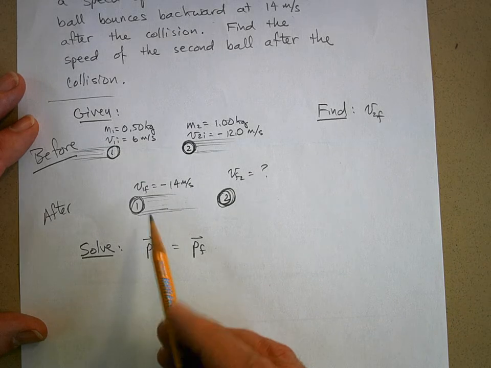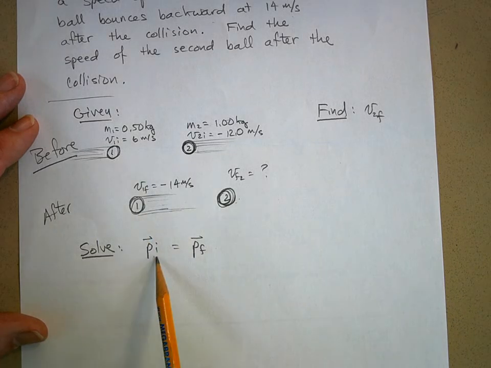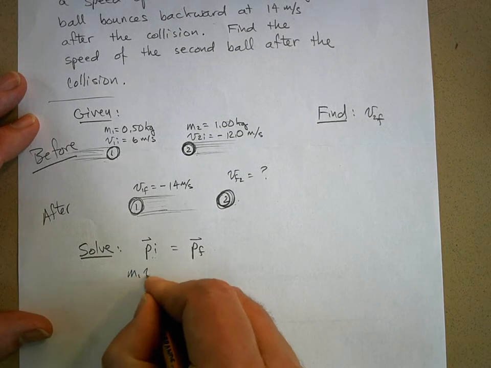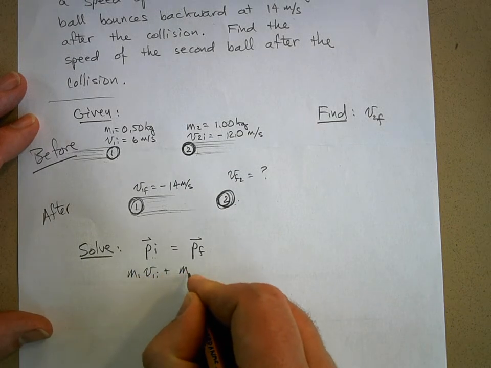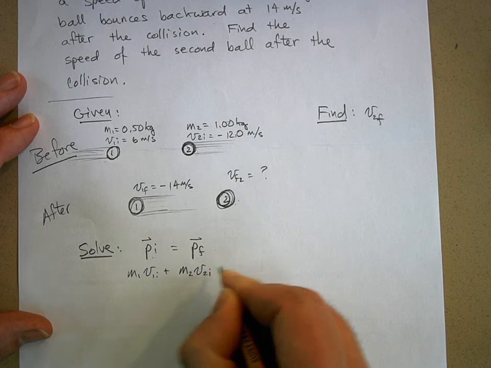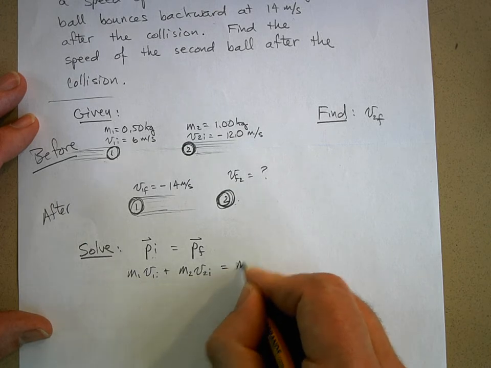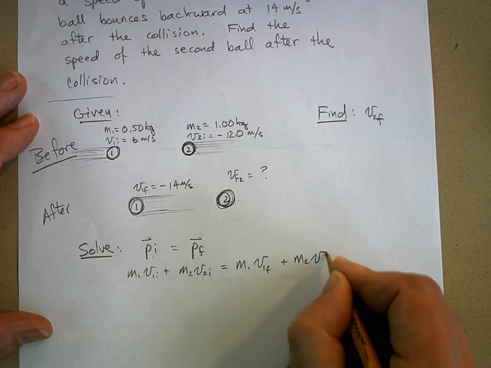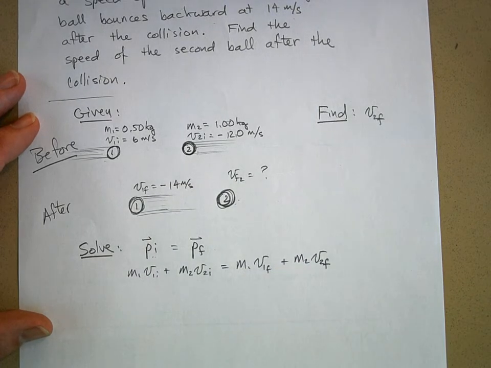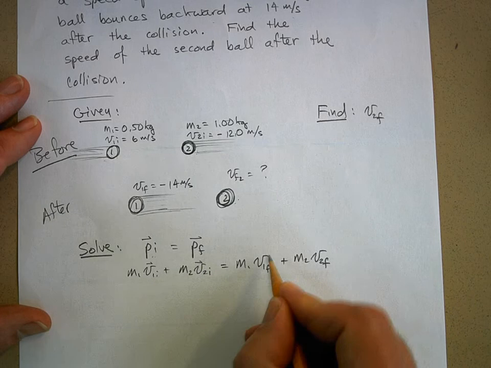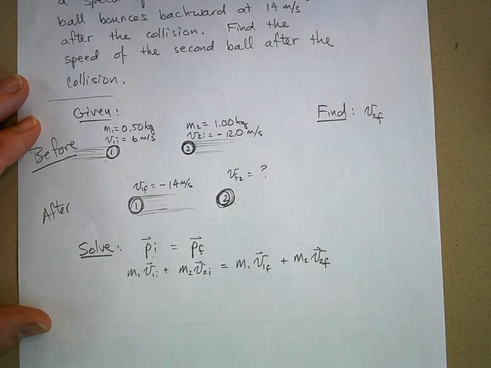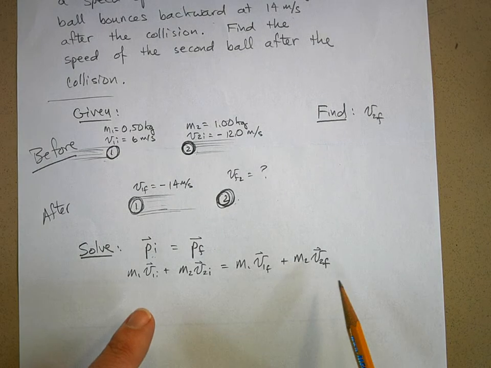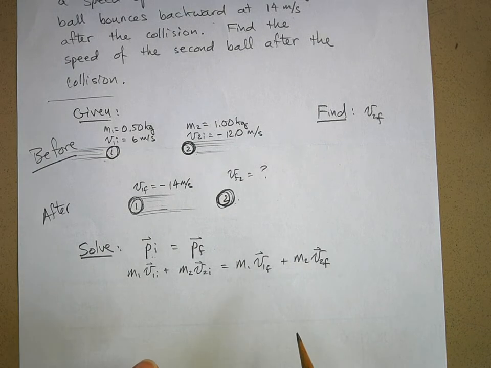So I look at the problem initially. I have two objects that are moving, so I'll say M1 V1 initial plus M2 V2 initial is equal to M1 V1 final plus M2 V2 final. And I'll put little vector hats on the velocities. Now you have a choice. You can plug the numbers in now and then solve for your unknown.